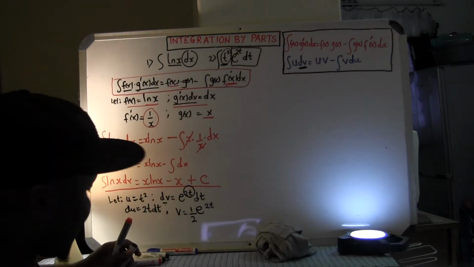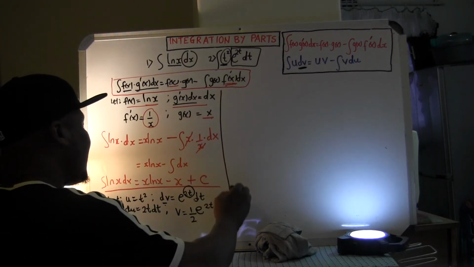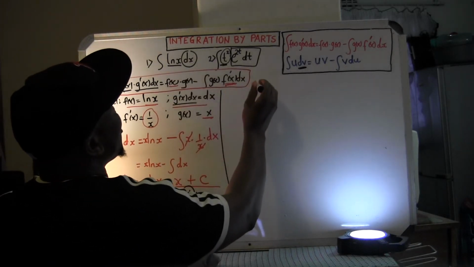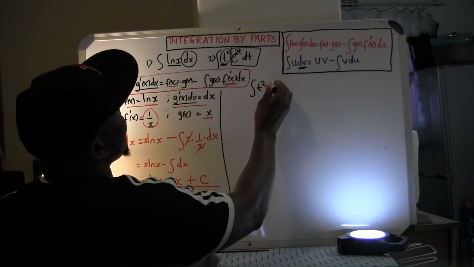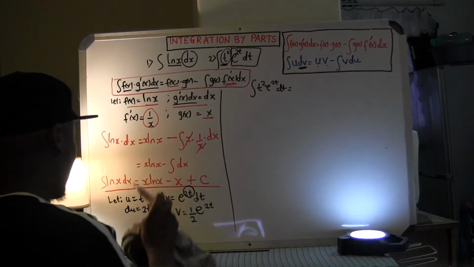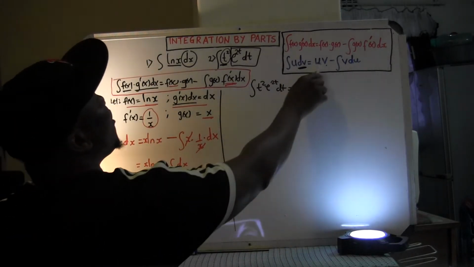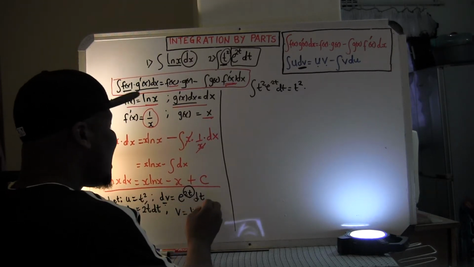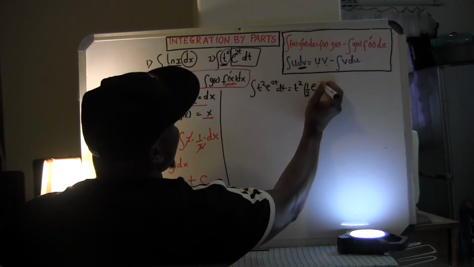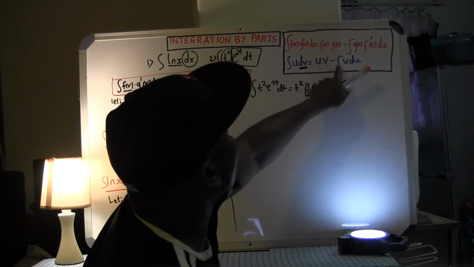So now here we go. We're going to say what we're given, which is integral of t e to t dt, equal to u times v. What is that u? Equal to t squared. Now v.